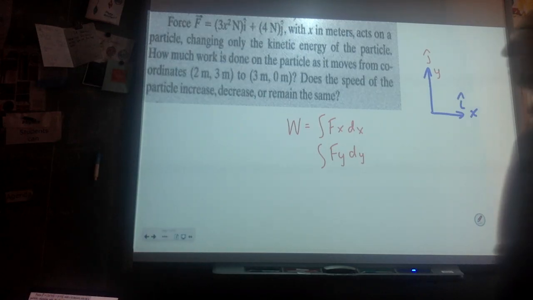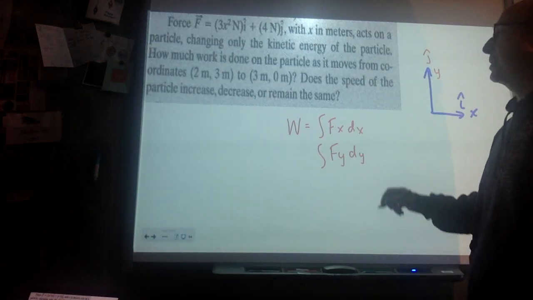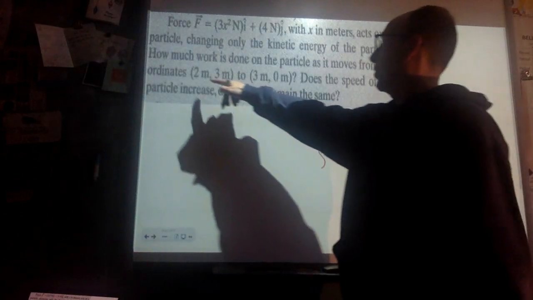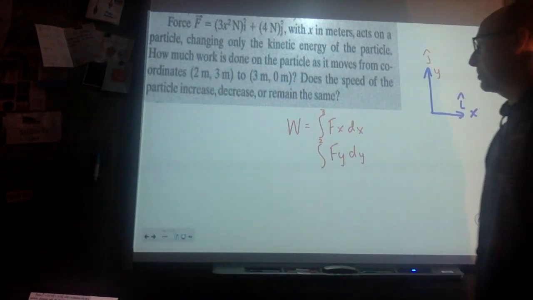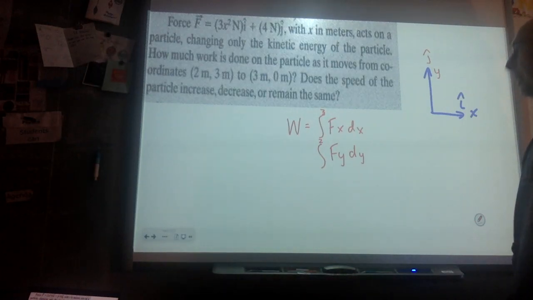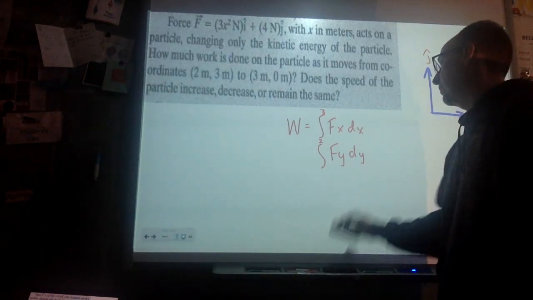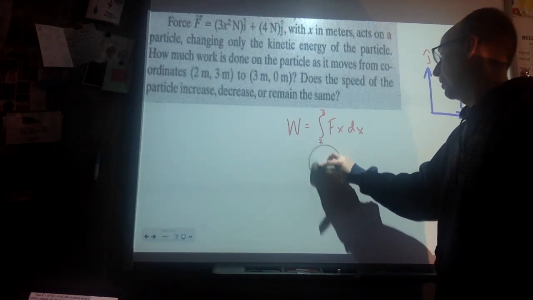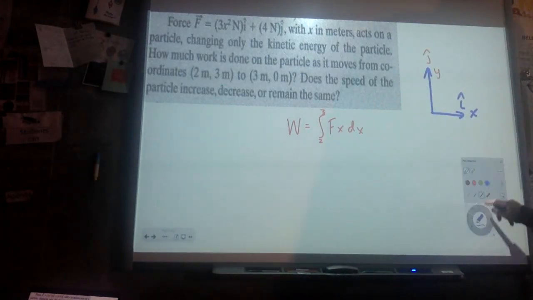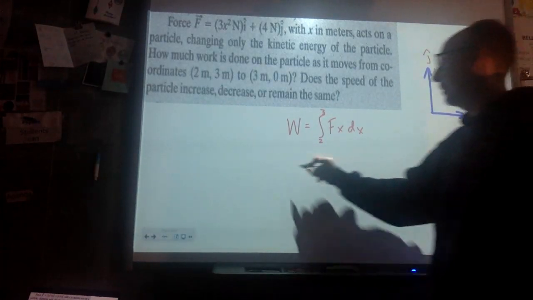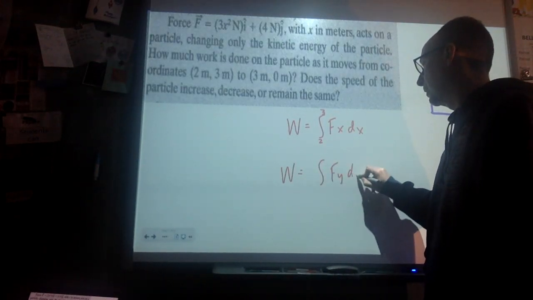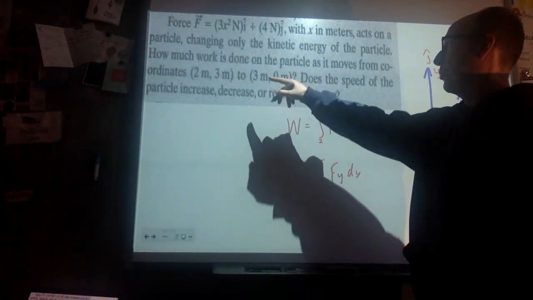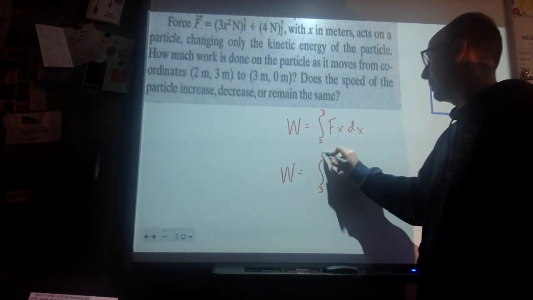And so for our x direction, this is going to go from 2 to 3. So I'm going to make it go from 2 to 3. So we have a definite integral. And this one is going to go from 3 to 0.